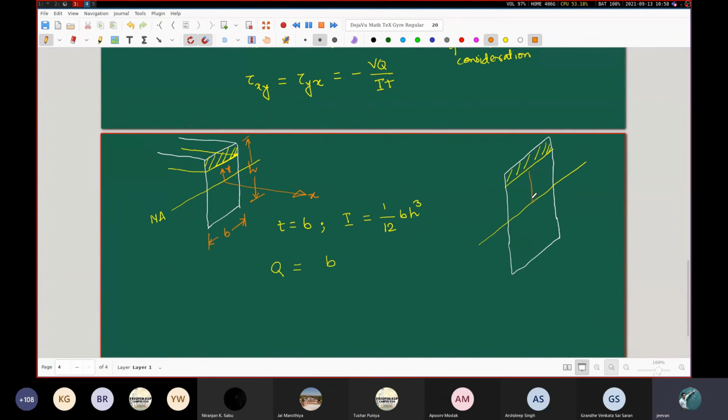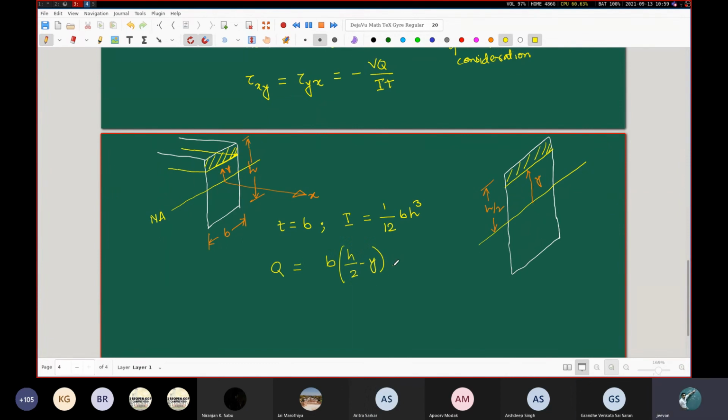This much distance is y. This height here is h by 2. So what is the height of this? This is h by 2 minus y. The area is b into h by 2 minus y.